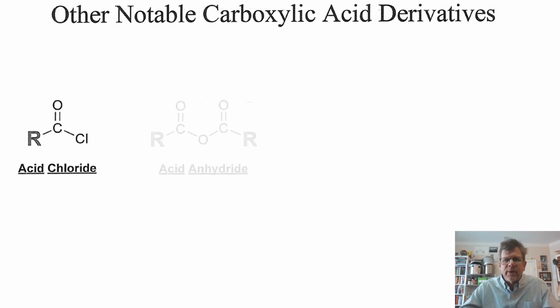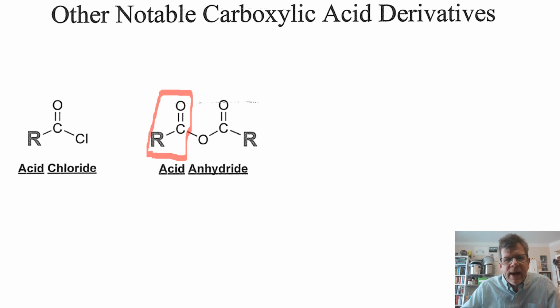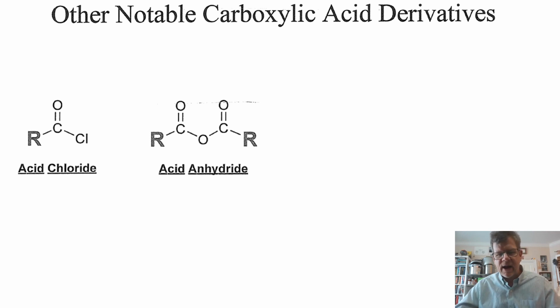Another notable carboxylic acid derivative is called the acid anhydride, and this looks like we have 2 of these carboxylic acids perhaps connected together by an oxygen bridge. We might think of it in that manner. It looks very strange. It's known as an acid anhydride.